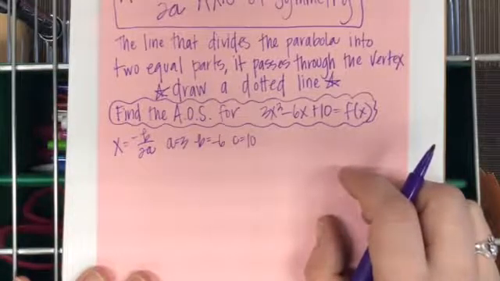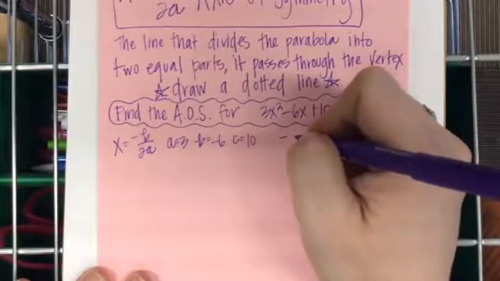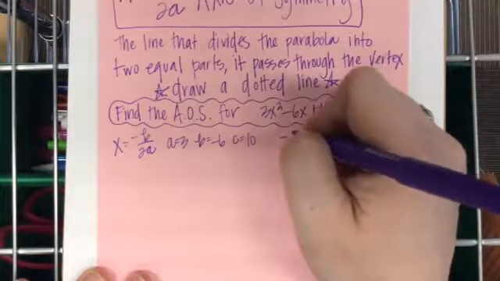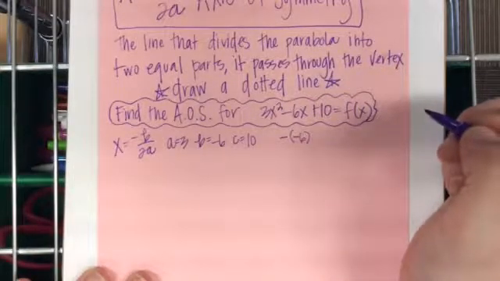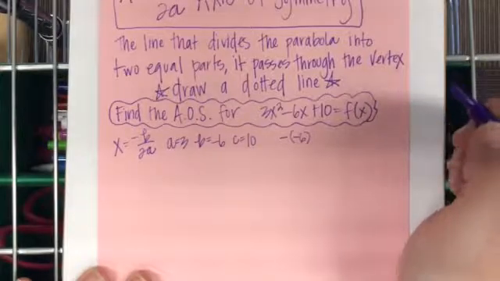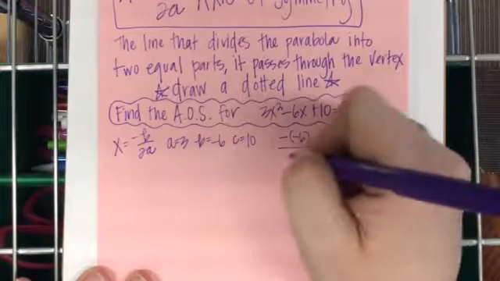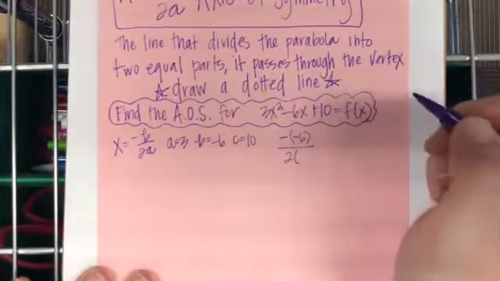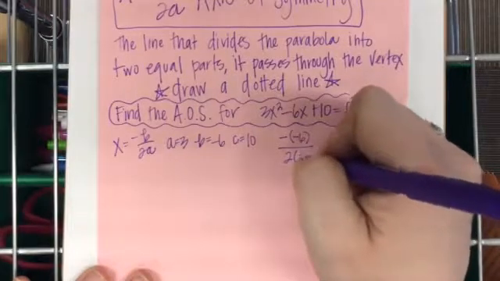So I'm going to substitute negative b. Negative b would be negative 6, over 2 times a, so that means 2 times 3.